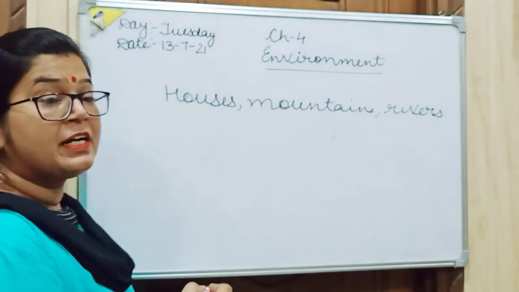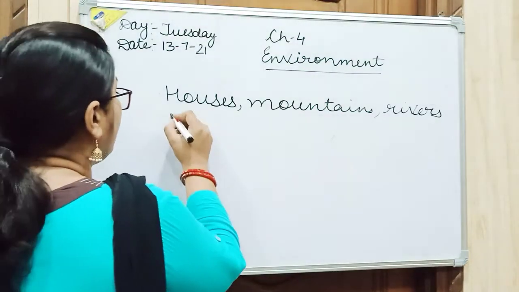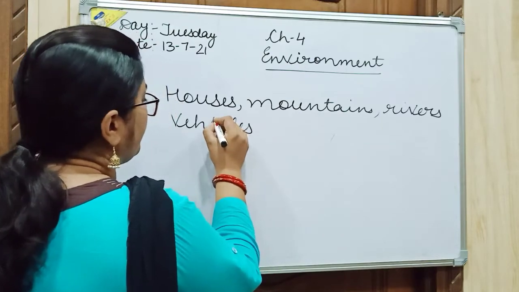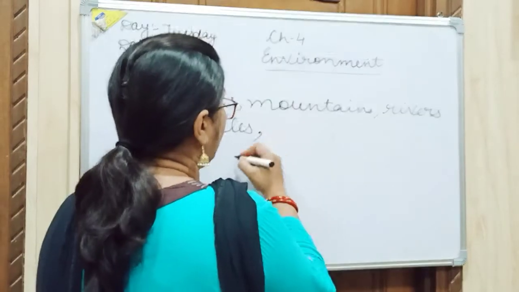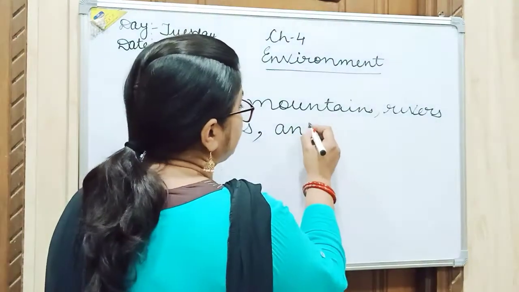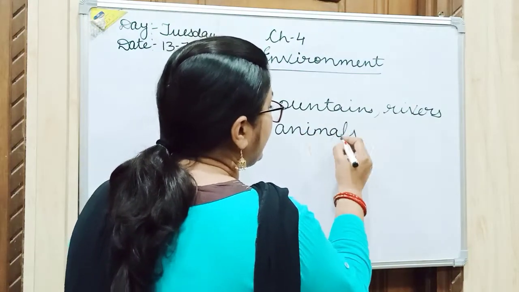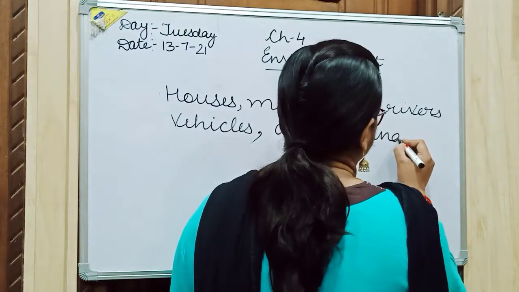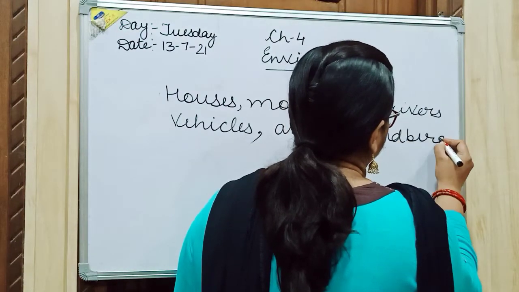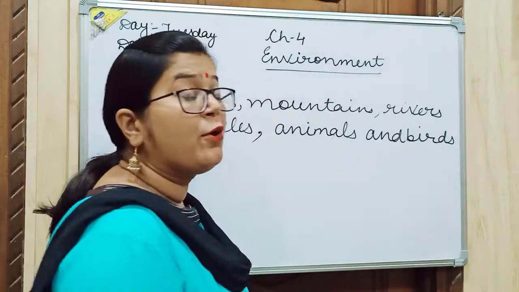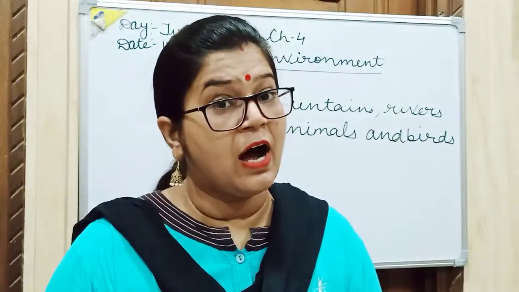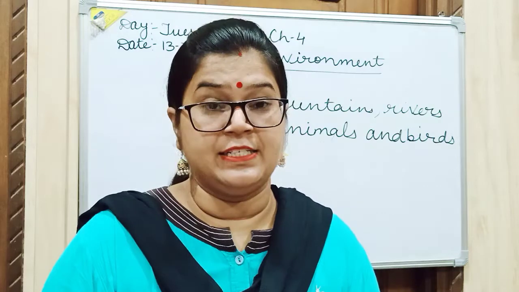We see different kinds of vehicles moving on the road. Animals. We see different kinds of animals and birds. We human beings are also part of the environment.